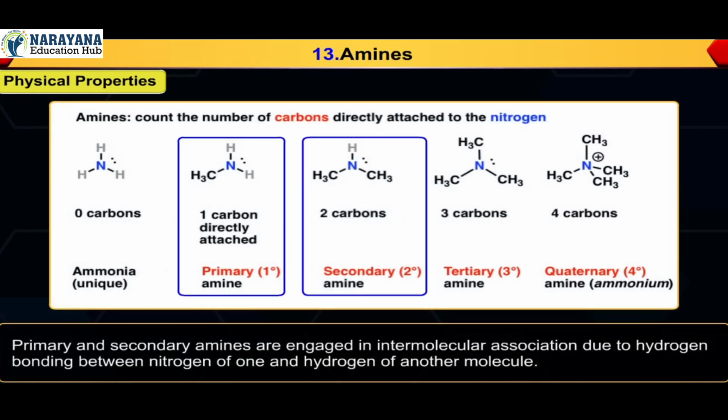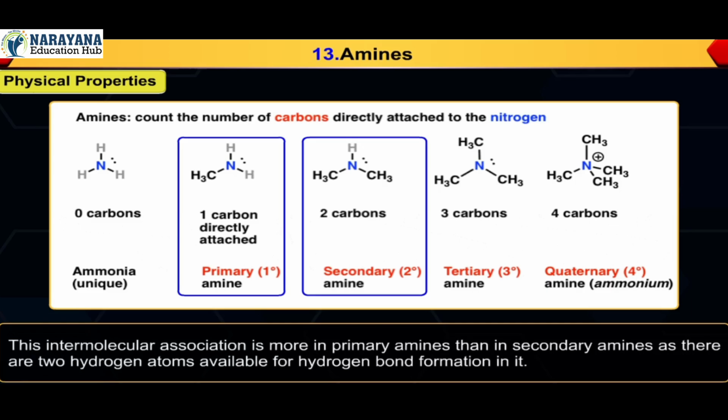Primary and secondary amines are engaged in intermolecular association due to hydrogen bonding between nitrogen of one and hydrogen of another molecule. This intermolecular association is more in primary amines than in secondary amines, as there are 2 hydrogen atoms available for hydrogen bond formation in it.